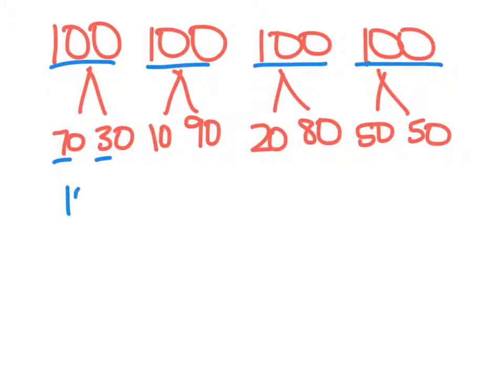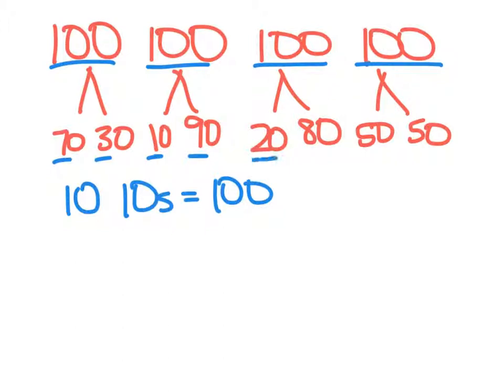And we know that 10 tens is equal to 100. So for the next one, 1 ten and 9 tens is like saying 1 plus 9 in our tens, which is 10 tens. The next one is 2 and 8. That's 10 tens. And 5 and 5. That's 10 tens as well.